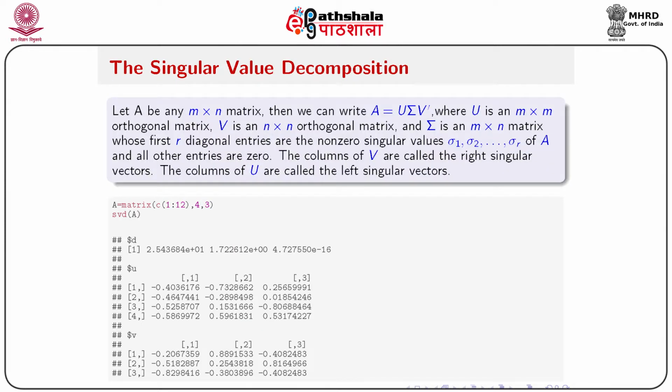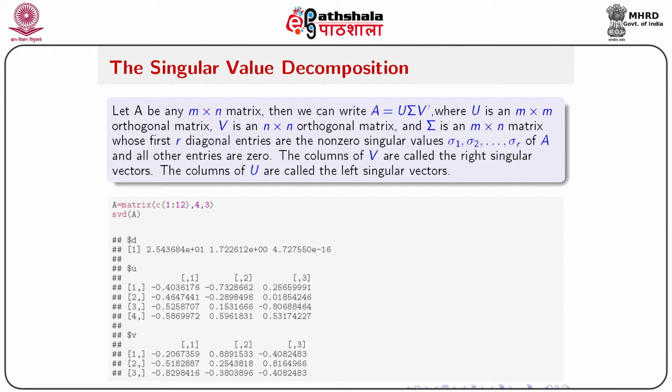Next we will see the singular value decomposition. Let A be an m by n matrix, then we can write A equals U sigma V inverse, where U is an m by m orthogonal matrix, V is an n by n orthogonal matrix, and sigma is an m by n matrix whose first R diagonal elements are the non-zero singular values sigma 1, sigma 2, up to sigma R of A, and all other entries are 0.